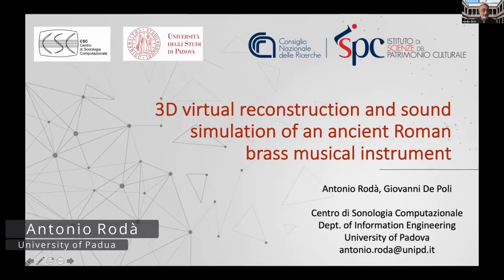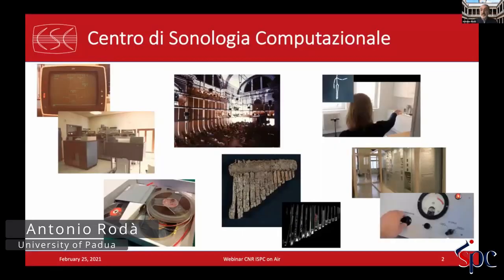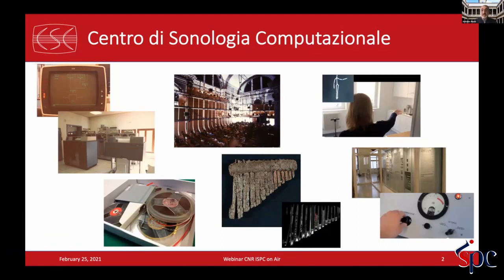I'm Antonio Rodà, and with Professor Giovanni De Poli, we are part of the Centro di Sonologia Computazionale, that is a research laboratory of the University of Padova, founded in 1979 to support research, musical production, and education in the field of computer music.